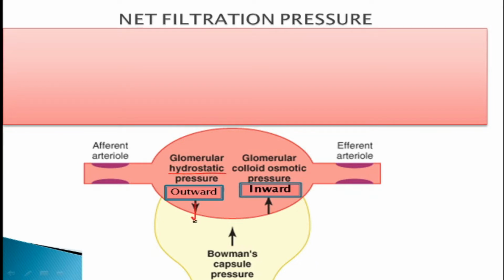That means it will favor filtration. The presence of proteins in the glomerular capillaries will create a colloid osmotic pressure, and the osmotic pressure is always a pulling pressure. So it will try to oppose filtration.